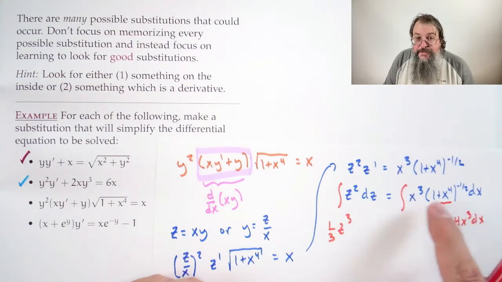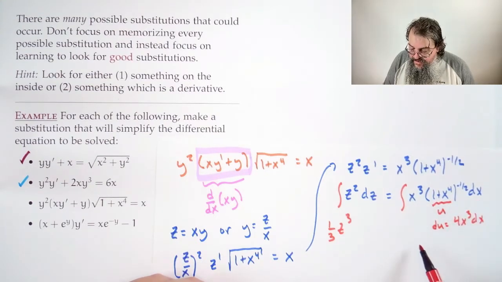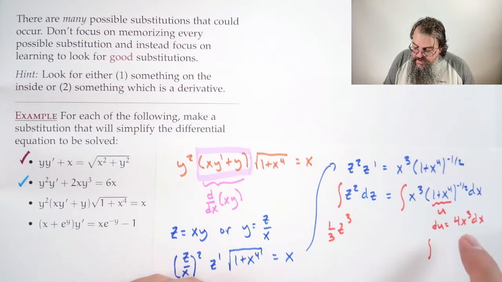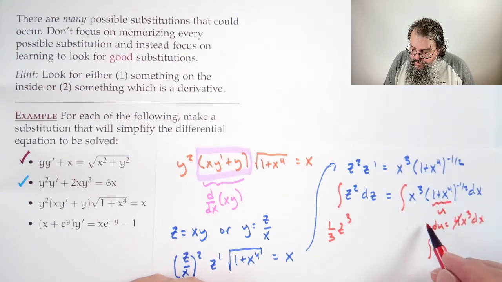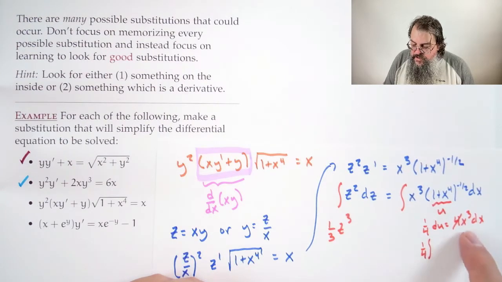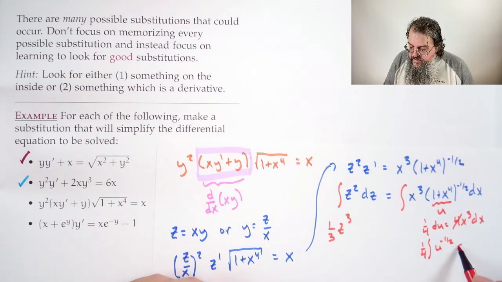Well, we have an x cubed dx. So this would become the integral of, well, I've got to somehow get the 4, so I can think of it as 1/4 du. So 1/4 du equals x cubed dx, so 1/4 u to the minus a half times du.